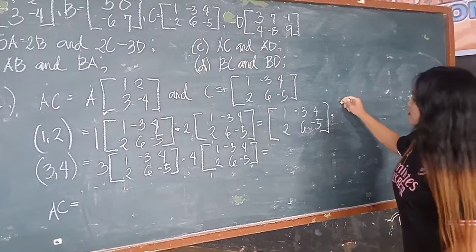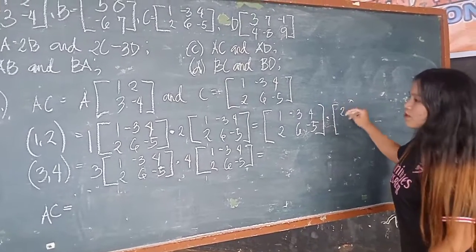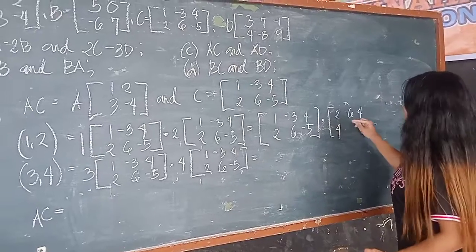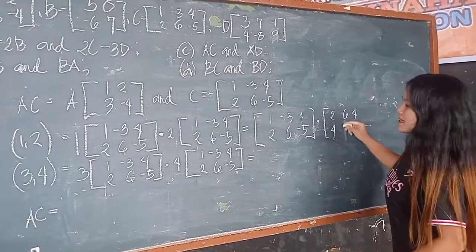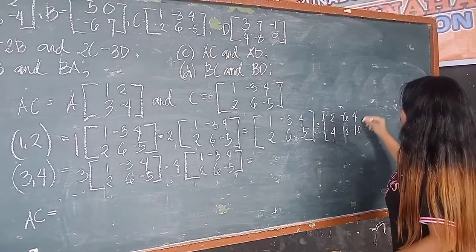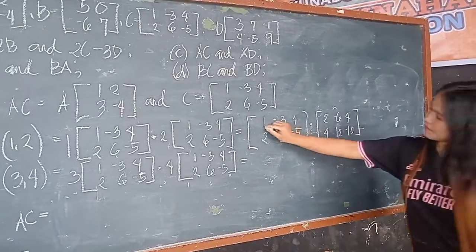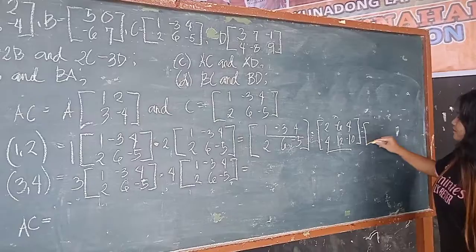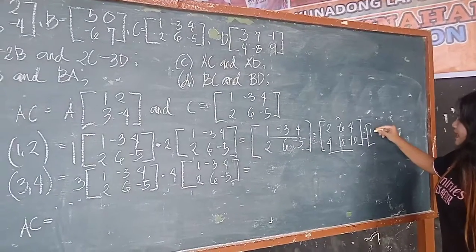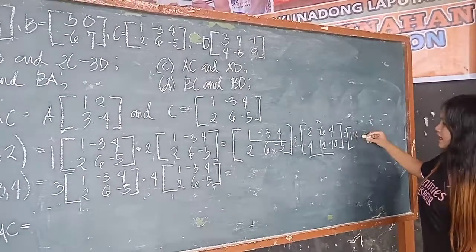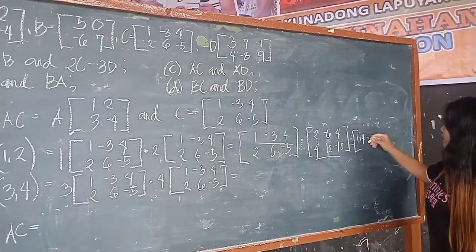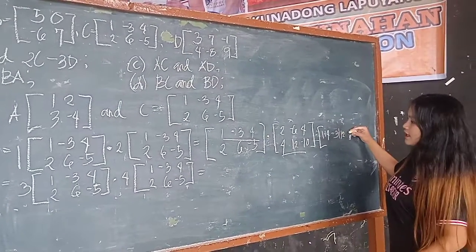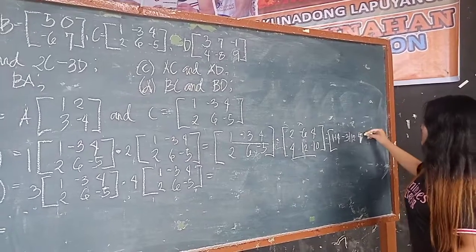Multiply by 2: 2 times 1 equals 2, negative 6, 4, positive 4, and 6, 12 I mean, positive 12, then negative 10. Then we just add. So, 1 plus 4, then negative 3 plus 12, and positive 4 plus negative 10.